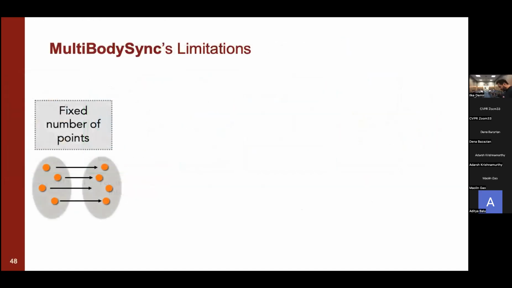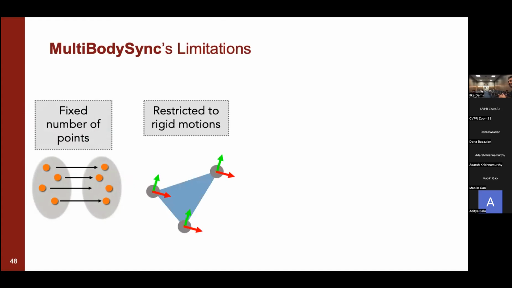And of course, there are quite a few drawbacks in all the choices that we have made here. First, a fixed number of points: we assumed all the point clouds have basically n points. Second, we are restricted to rigid motions. You cannot do deformable understanding.